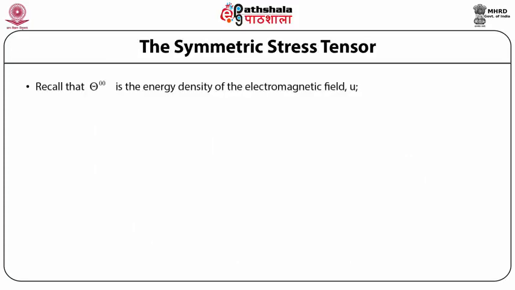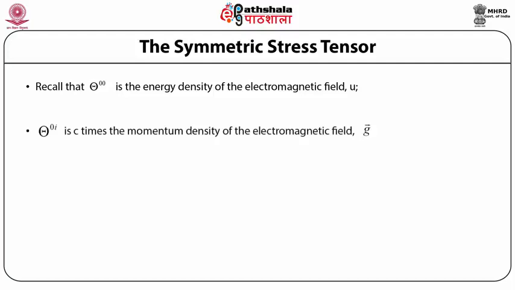Recall that phi 0 0 is the energy density of the electromagnetic field. Phi 0 i is c times the momentum density of the electromagnetic field. Phi ij is the negative of Maxwell's stress tensor Mij.